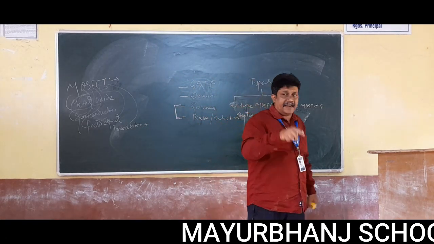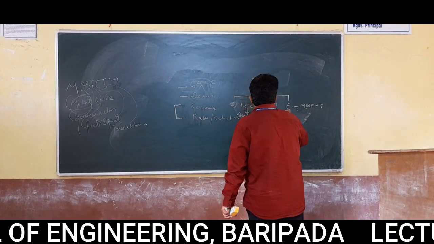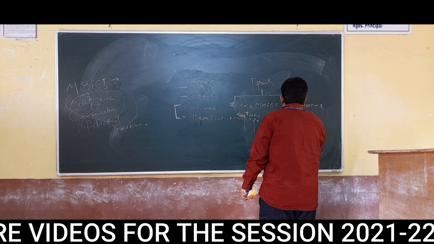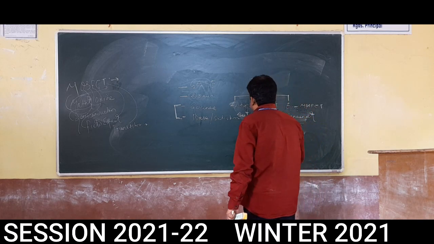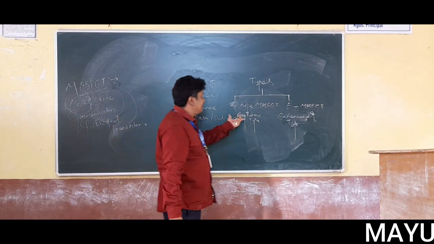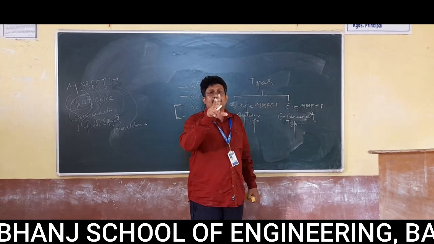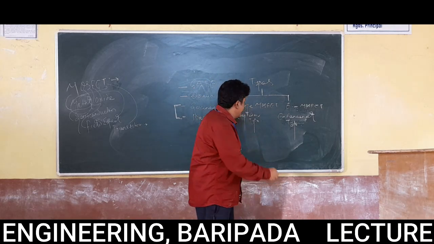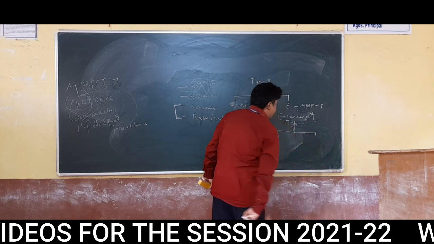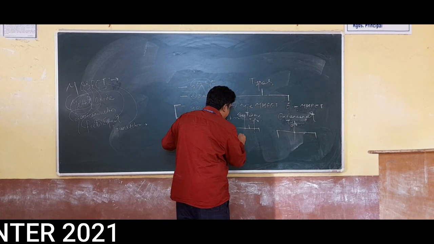This is a very important thing you must remember. MOSFETs are of D types and also E types. This is depletion type and this is enhancement type MOSFET. Clear? In the next classification, each type of MOSFET, either depletion type or enhancement type, is again divided into two types. Depletion MOSFETs are two types and enhancement MOSFETs are also two types.